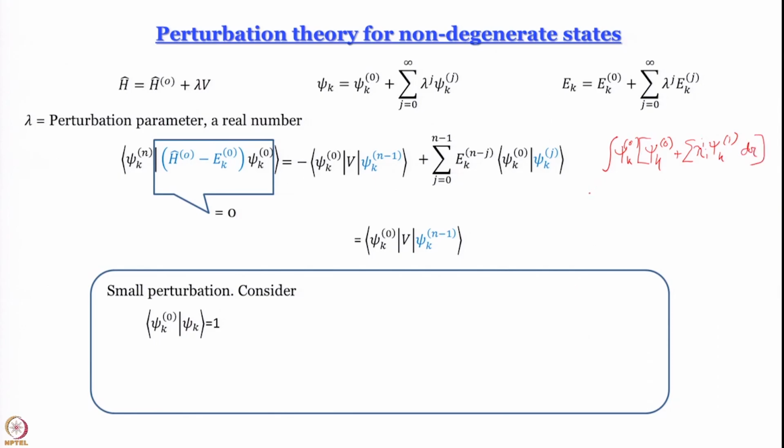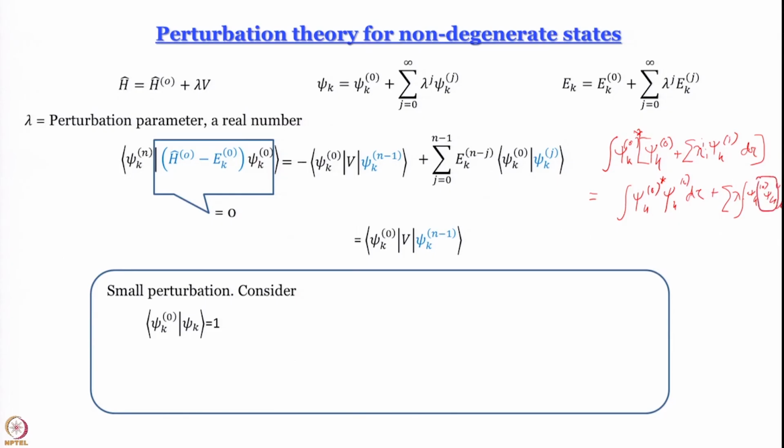So, what does it boil down to? It boils down to integral of psi k 0th star psi k 0th integrated over all space, plus, now see, I will get a summation, some lambda to the power whatever, integral psi k 0th psi k ith d tau.